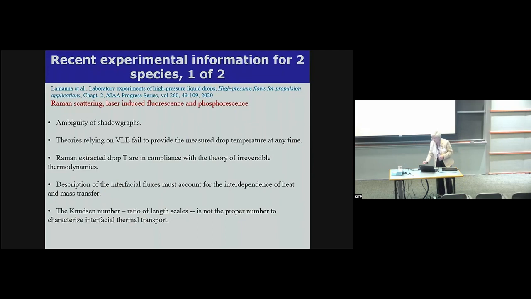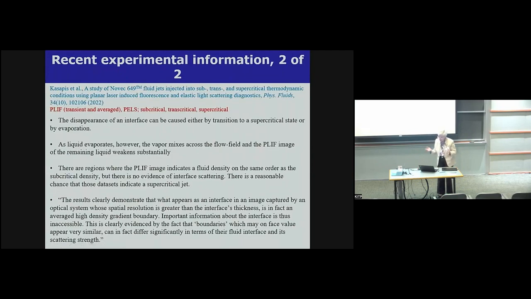This is what any optical system will see. Okay, so the description of the interfacial fluxes must account for the interdependence of heat and mass transfer. We're doing all that. Now, here is a second experiment, 2022.